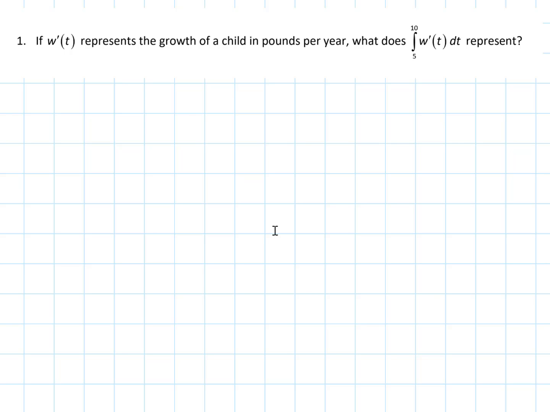Well, what would that represent? So w prime of t is a growth, it represents the growth of a child. That's a rate of change. So it represents the growth, and growth is a change, a rate of change in child's weight.